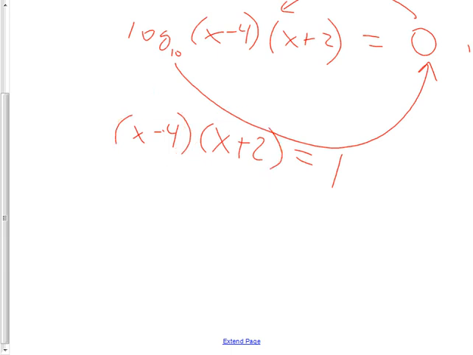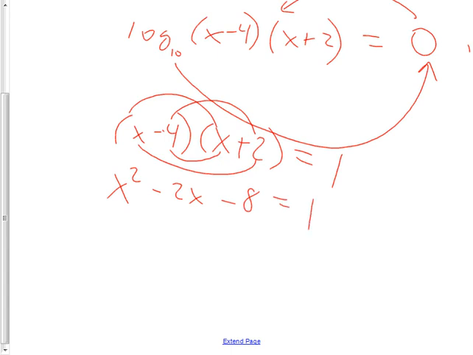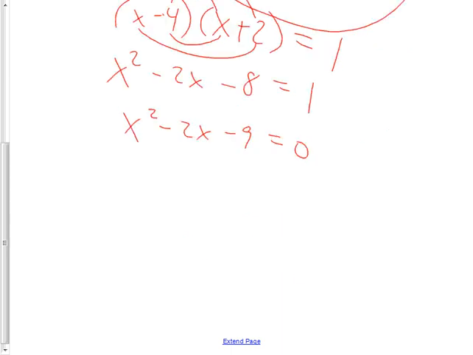So how do I get it equal to 0? X squared first, outside, inside is minus 2x, last is minus 8 is equal to 1. Then I bring the 1 over to the other side by subtracting 1. X squared minus 2x minus 9 equals 0. And what happens if I've got a quadratic this far and it won't factor?